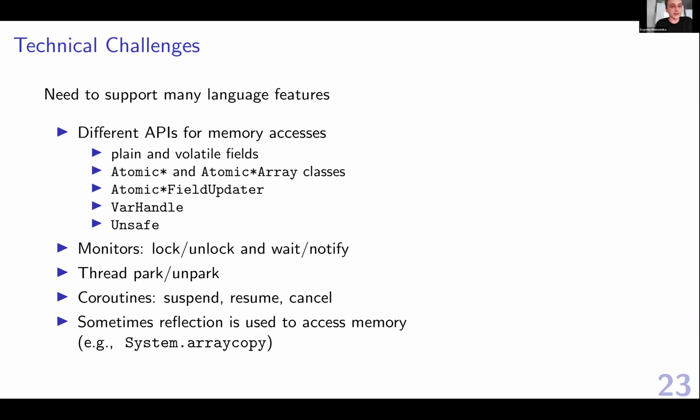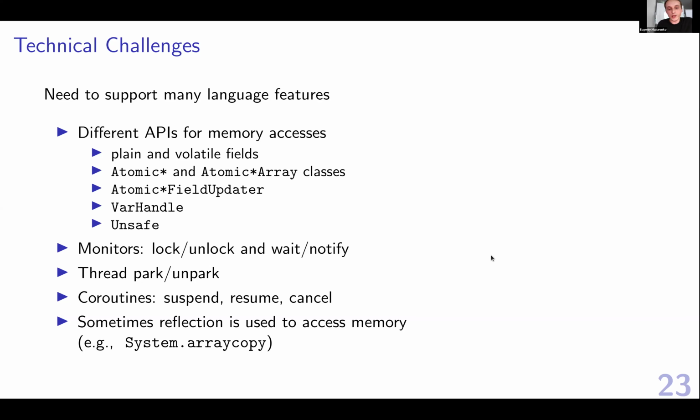The bad news is that all of these are actually used in different algorithms, especially in java.util.concurrent. I think there are even classes that use several APIs at the same time. It's very confusing and difficult to work with when you want to build a verification tool for Java.